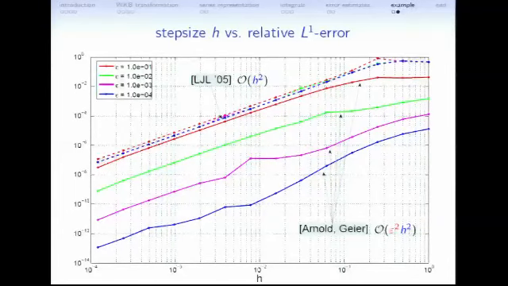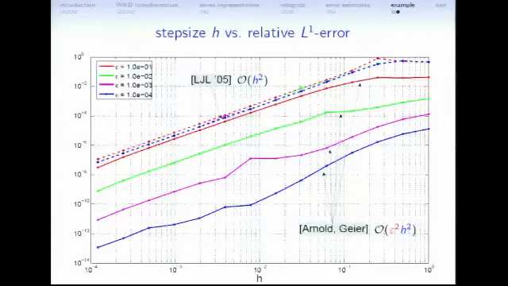Let's start with the dashed lines above. So I implemented the scheme of Lubich from 2005, and here you see perfectly well this is really independent of epsilon, and you also observe the second order behavior.